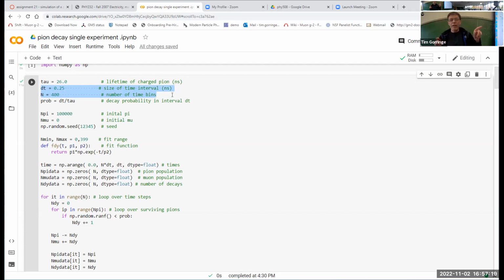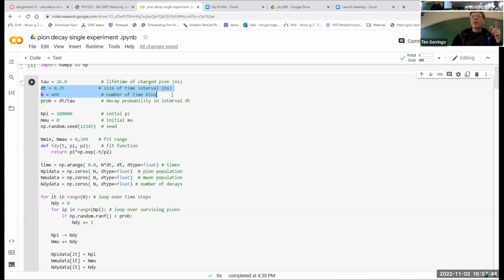I'm going to build a histogram of the decays with time bins that are 1/4 of a nanosecond, and there's going to be 400 of those time bins. So there's going to be 100 nanoseconds, which is roughly 4 lifetimes. So we essentially see that the pions completely disappear over those 4 lifetimes.